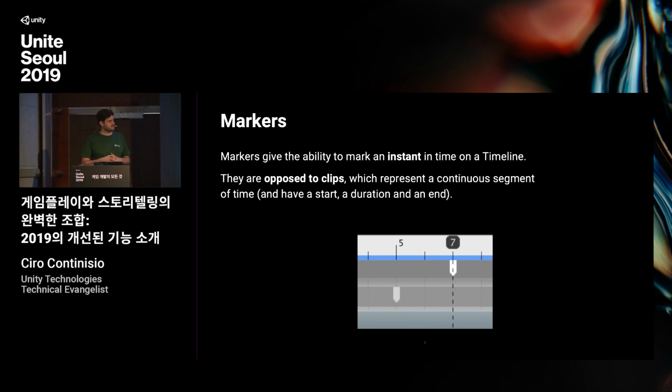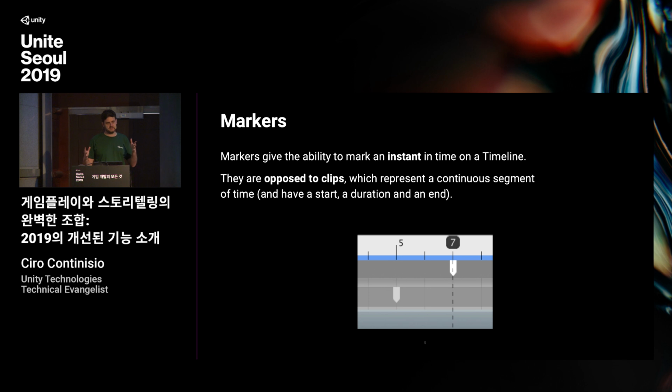So what are markers? Markers are basically the same thing that they are in similar software for video editing, like Premiere or After Effects, and so on. They give you the ability to mark an instant on the timeline. And they are different from clips, because clips represent a continuous segment in time, right?